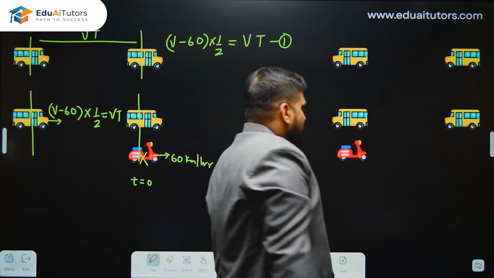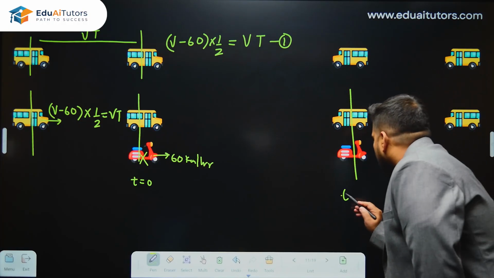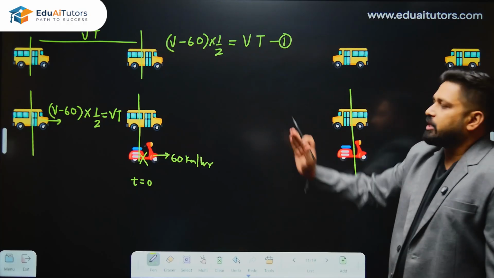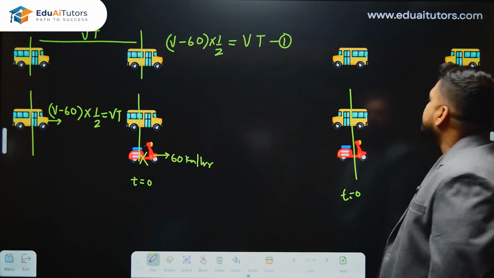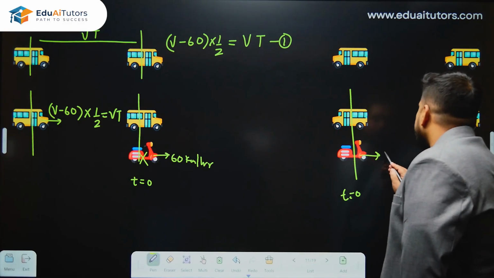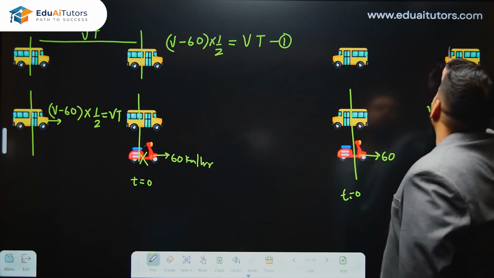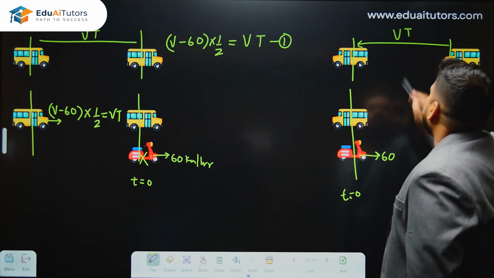Now the second case, understand. Let us say at t is equal to 0, a bus crosses in the opposite direction. The bus is moving with V and the scooty is moving with 60. And the distance between two buses, as we know, is always V into t.